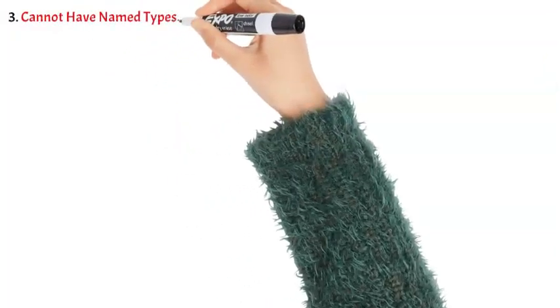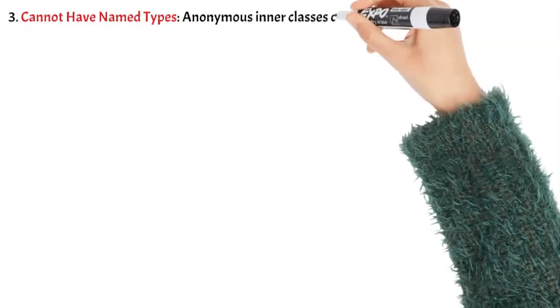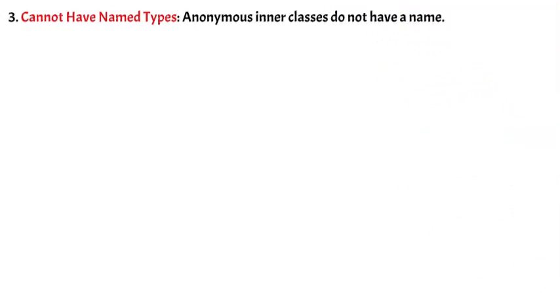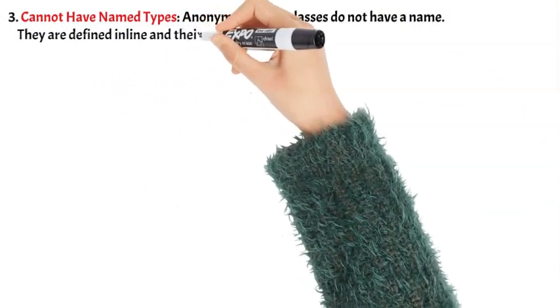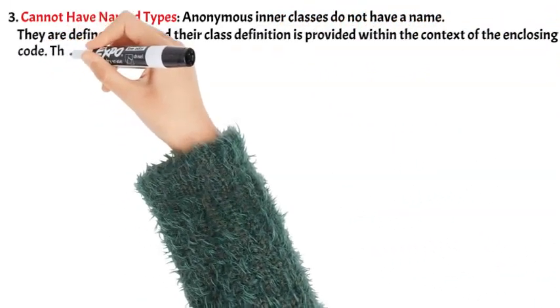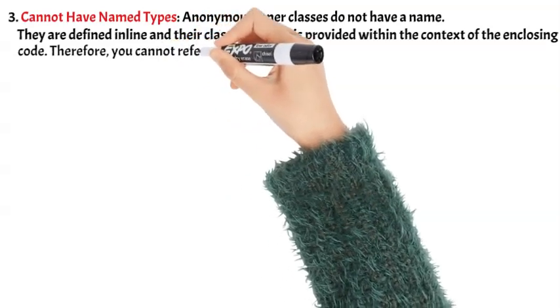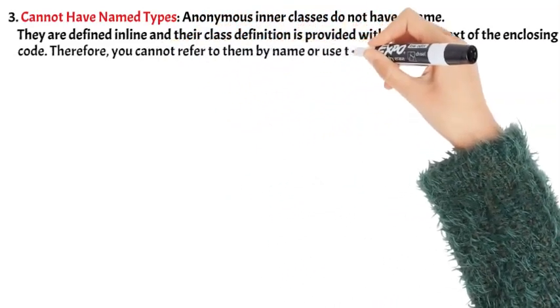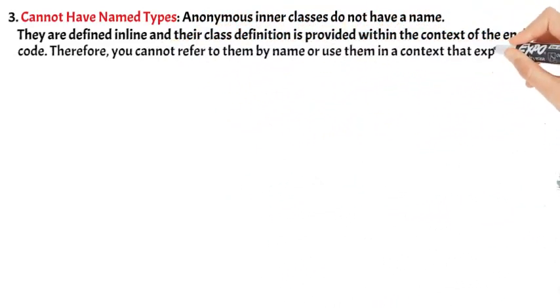Cannot have named types. Anonymous inner classes do not have a name. They are defined inline, and their class definition is provided within the context of the enclosing code. Therefore, you cannot refer to them by name or use them in a context that expects a named type.